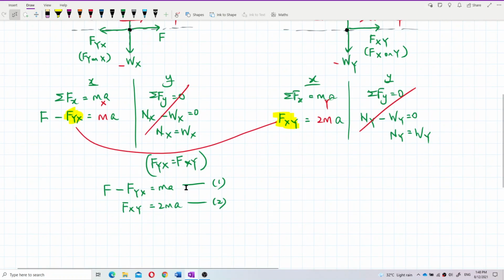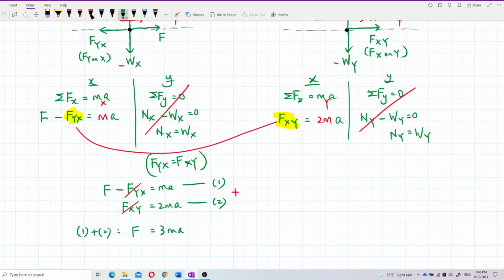Very simple, just add them together. When they add together, these two are equal, so they cancel each other. The left-hand side is just F, and here we have 3ma.